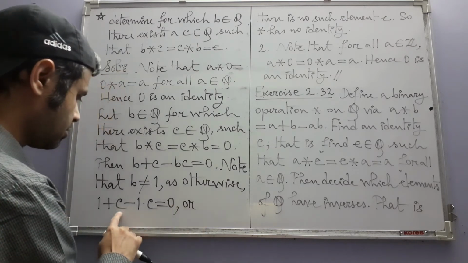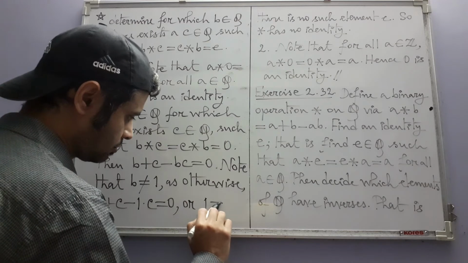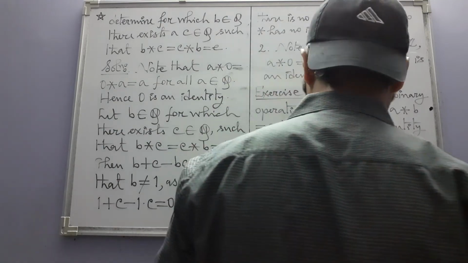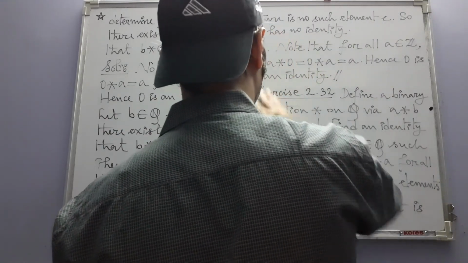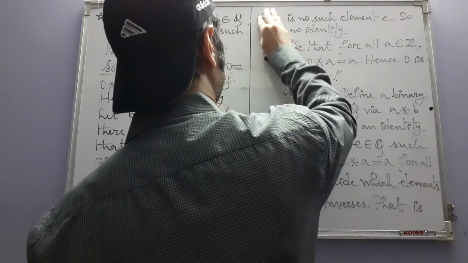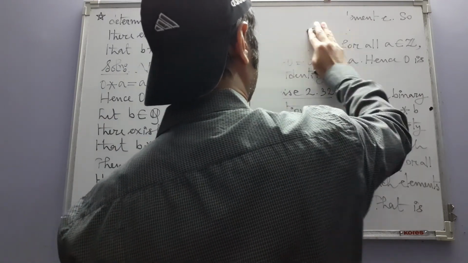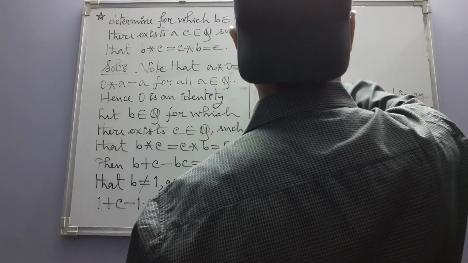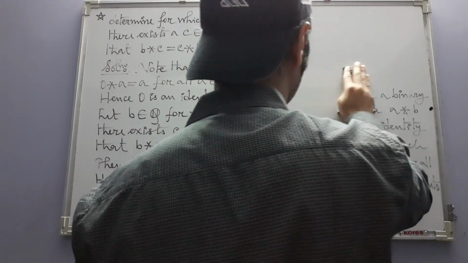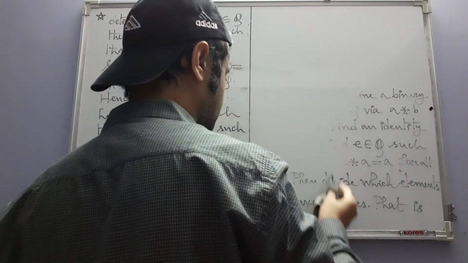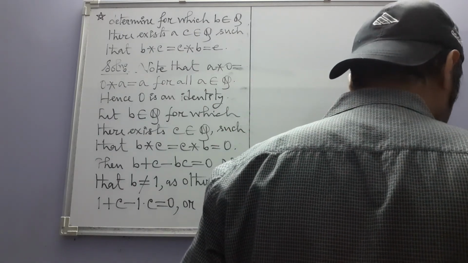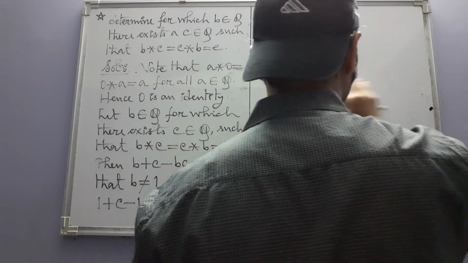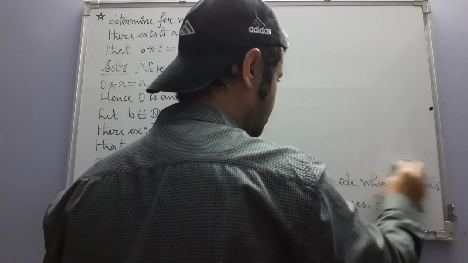Because these two will cancel, we will get 1 equal to 0, which is clearly not true. So that is why B cannot be 1. So from this we conclude immediately that the rational number 1 does not have an inverse, and then we have to see whether the other rational numbers that are not 1 can have inverses, and it turns out that all of them have inverses.